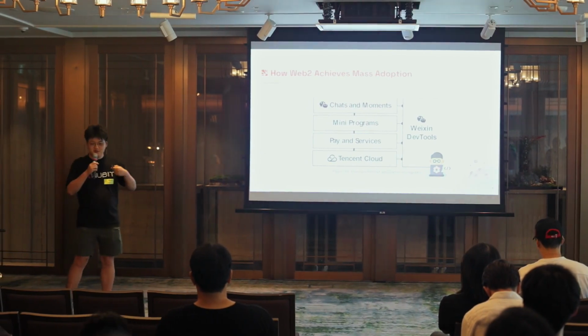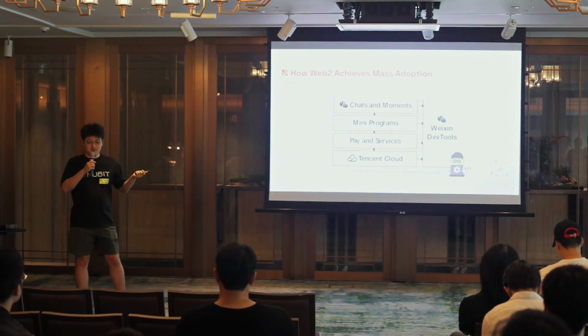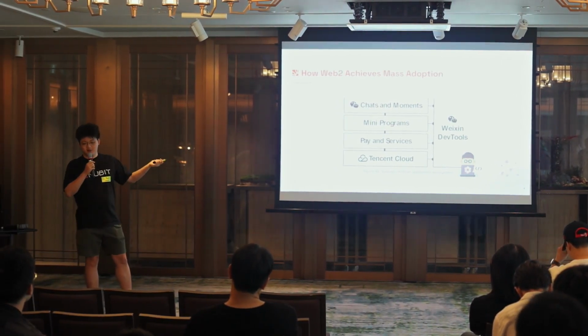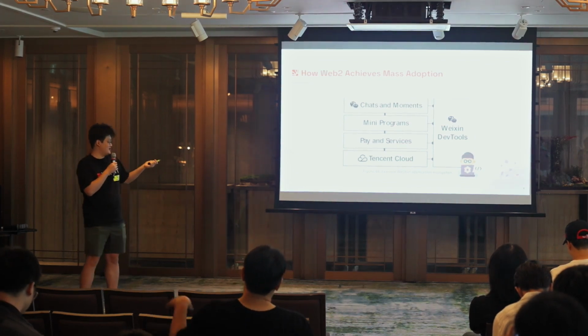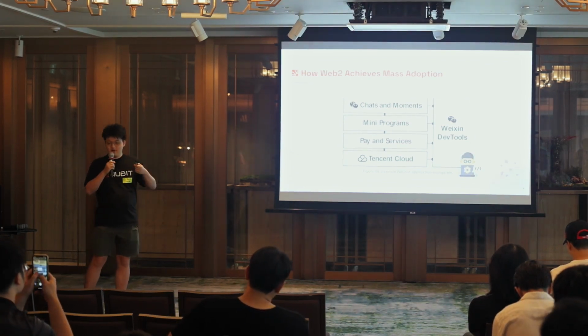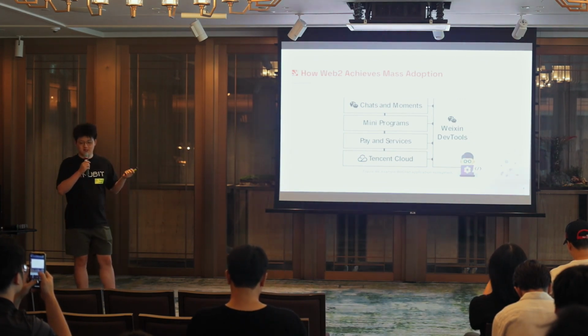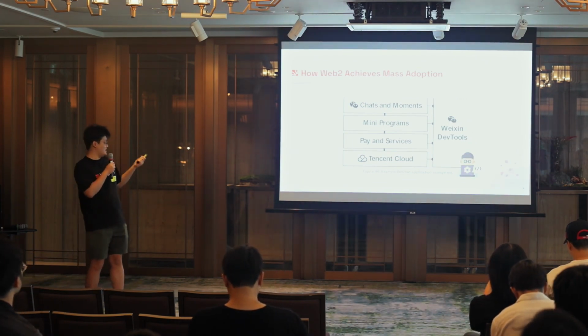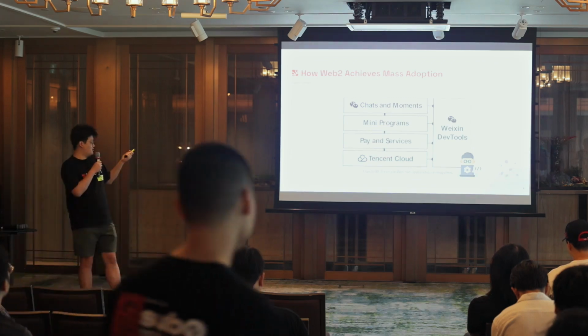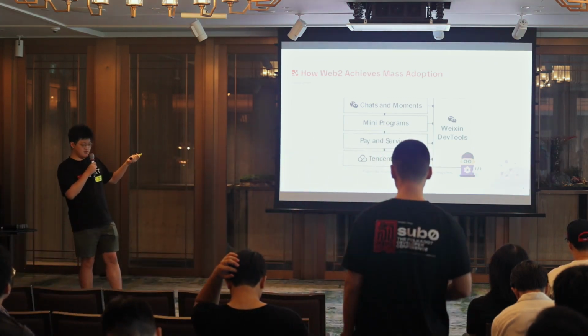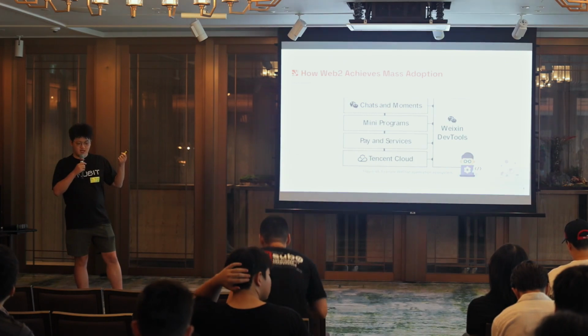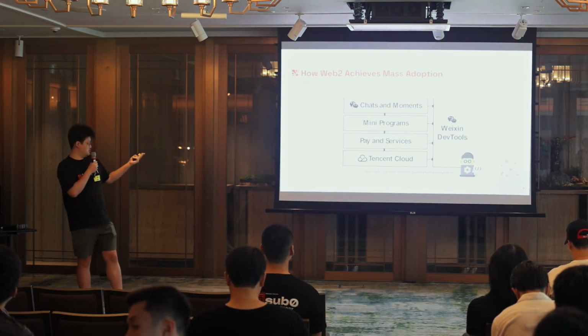So before we jump into our solution, let's take a look at how Web2 achieved mass adoption. Here's an example: WeChat. WeChat is the most popular platform, originally in China. And it is popular not just because it offers social features like chats and moments, but also because it offers the payment system and the storage solution through Tencent Cloud.